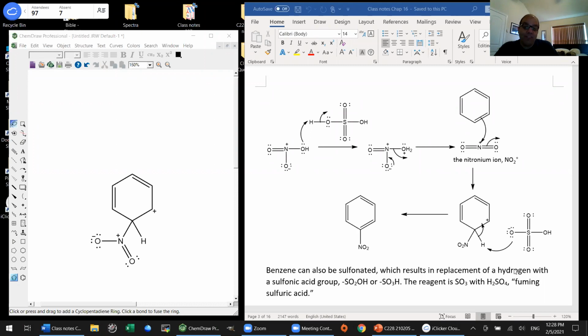And then once you get this guy, yeah, the driving force to lose the proton is so strong because you regenerate an aromatic ring that even bisulfate ion, or in the halogenation case, even halide ions are good enough for bases. So you have to put your thumb on the scale to that extent in order to have some terrible base like that act as a base in a mechanism.